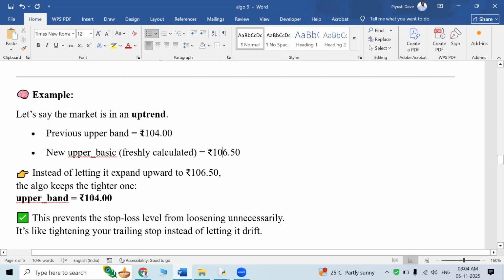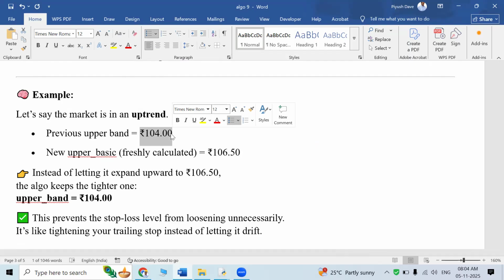So minimum of both is this one. So my uptrend will still be after 104, not 106.5, even if the new basic has been calculated. So this will help us to tighten the upper band properly, and it avoids the unnecessary stop loss also.